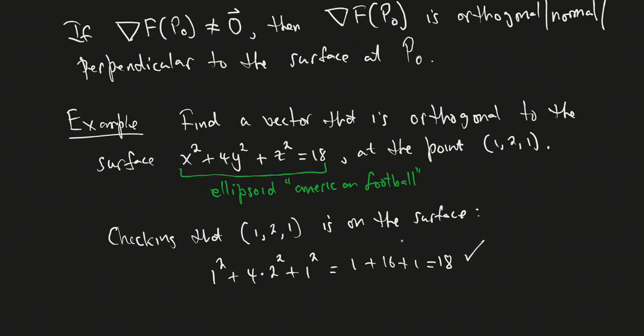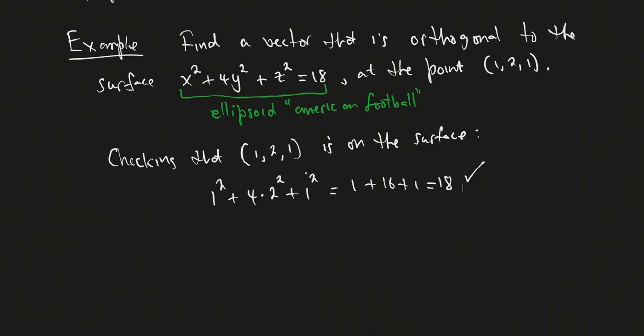So again, the problem makes sense, because you don't want to talk about, oh, here's a vector that's orthogonal to a surface at a point that's not even on the surface. That doesn't make any sense. What that would mean is my blue vectors are just kind of hanging there in space, right? Not what we want, right?